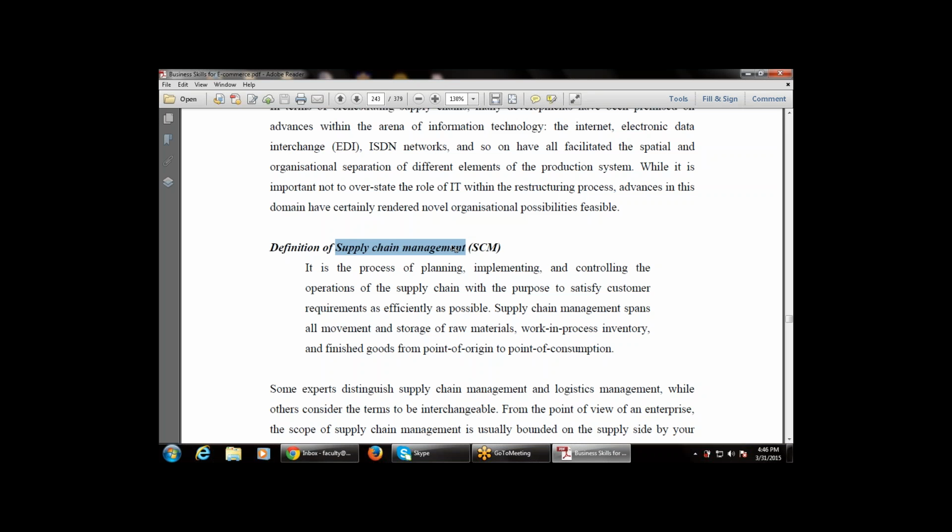Spans means it covers all the movement and storage from the point of origin, the starting phase of the supply chain, till the last stage, the last person of consumption. First there is raw material, then work in process, then finished goods.